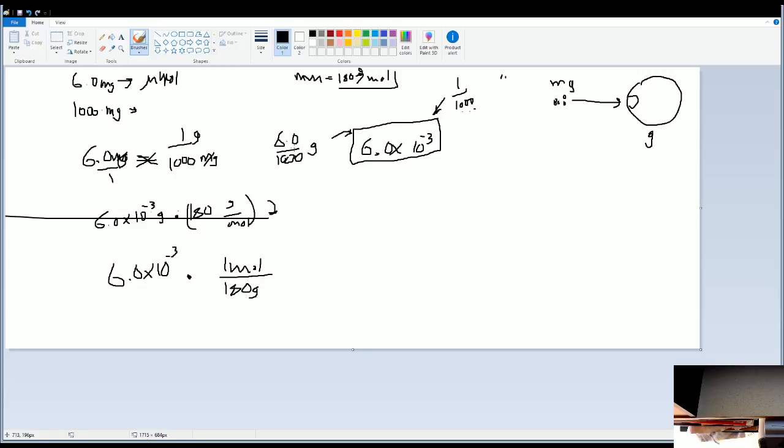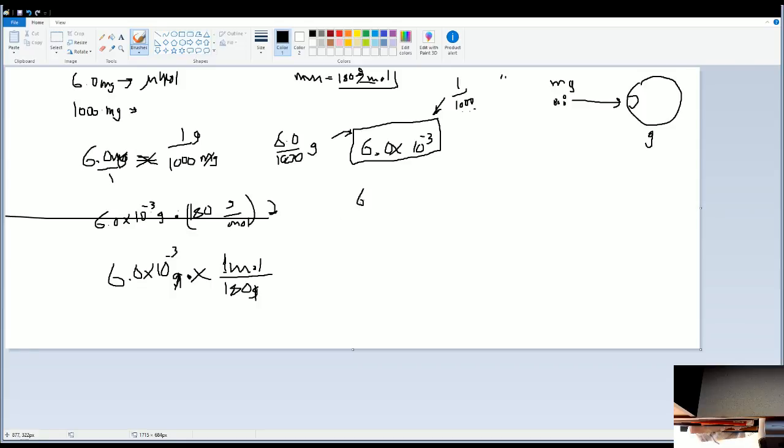So the reason for this is it's grams per mole, but you have grams, and you want to get rid of grams, so these now would cancel out, and you're left with moles. And this is a division, so you divide this number by 180 because you have 1 here. This is a 1, and that's a multiplication.